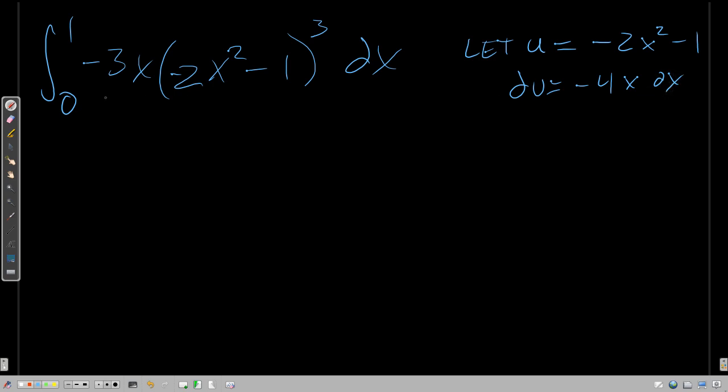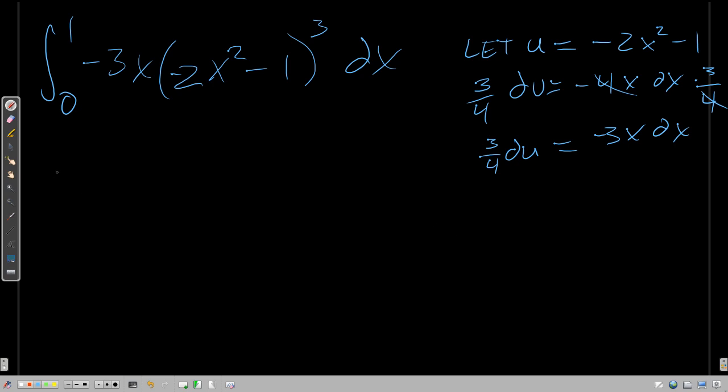I don't have a -4x dx, I have a -3x dx. You can easily remedy this by just multiplying on both sides by 3/4. Because then these 4's cancel and you have that 3/4 du is -3x dx.